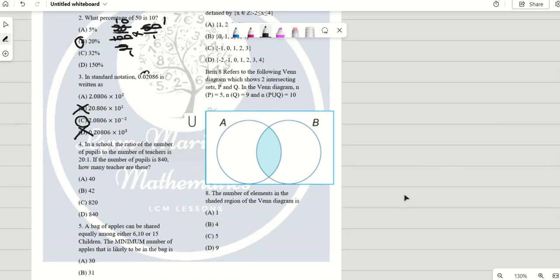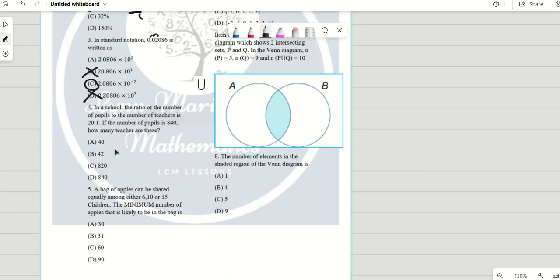Number 4, this question is repeated several times. The answer is B, but let's check it out. They say the ratio of a school's number of pupils to teachers is 20 to 1. If the number of pupils is 840, that's 840 to x. We don't know what x is.